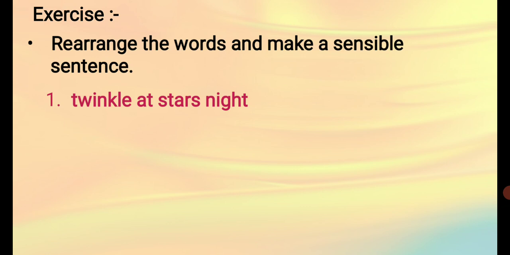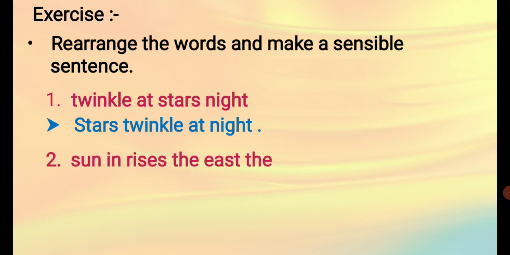So the answer of the sentence will be: stars twinkle at night. And what is the rule to write the sentence the correct way? Yes, first letter capital, and after the sentence we will put a full stop. So stars twinkle at night will be the answer.